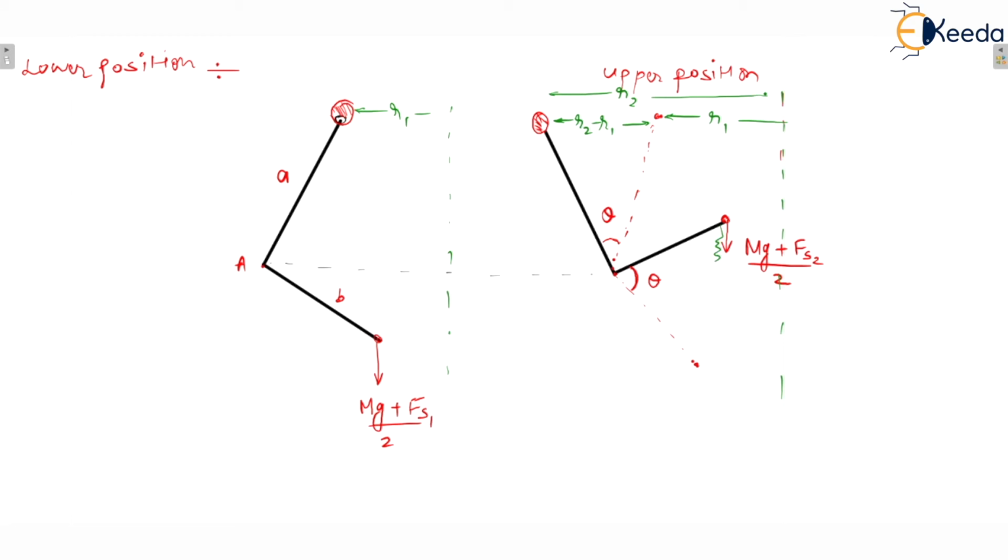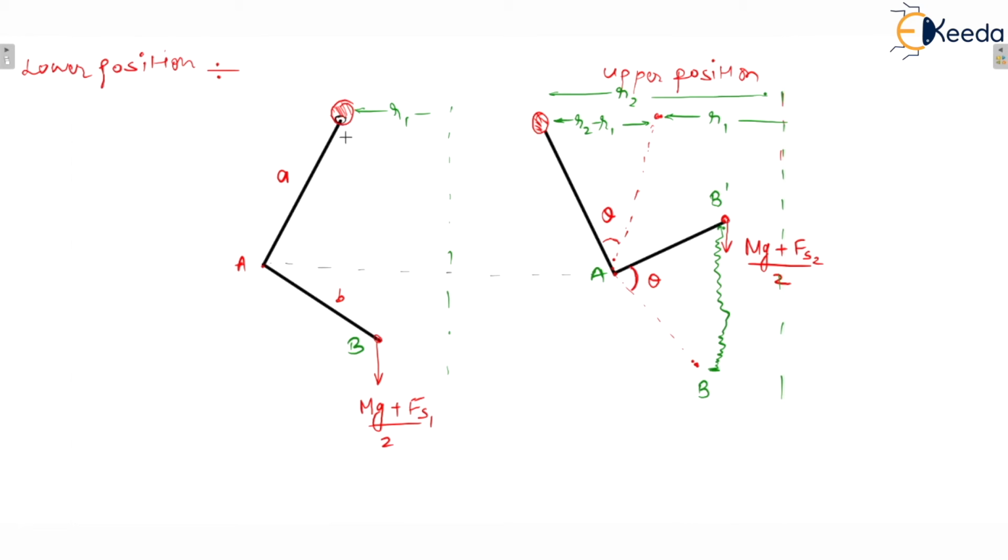Yes or no? Sleeve moves from here to here, so this is your sleeve movement. Let us consider that this is B and this is B dash. This is A, this is B. Now the new position of the sleeve is at B dash, so the sleeve movement becomes BB dash. Are you getting my point? Is there any problem here?